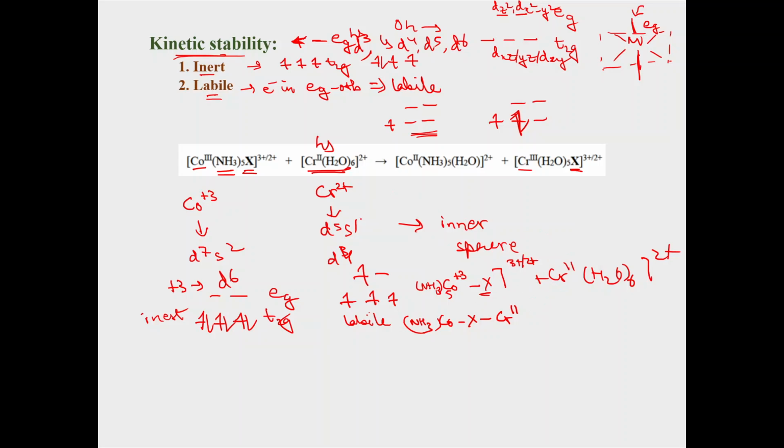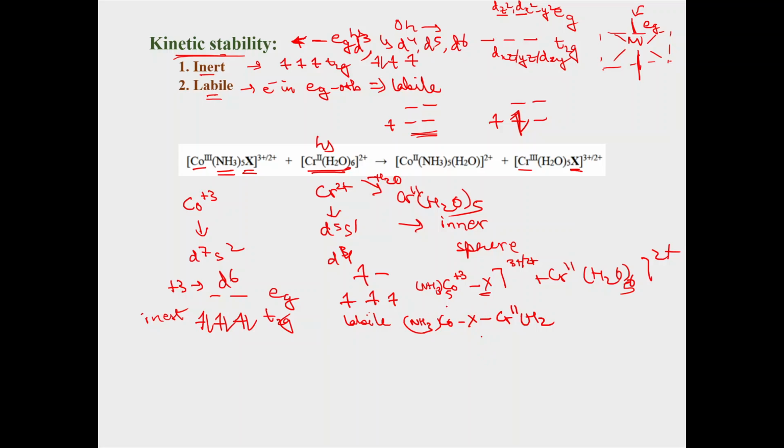Before this, as we said, this will be the labile complex. So since it is labile, it will lose one water molecule and it will become coordinatively unsaturated, and now through this X ligand they can bridge, and it will be H2O whole 5.